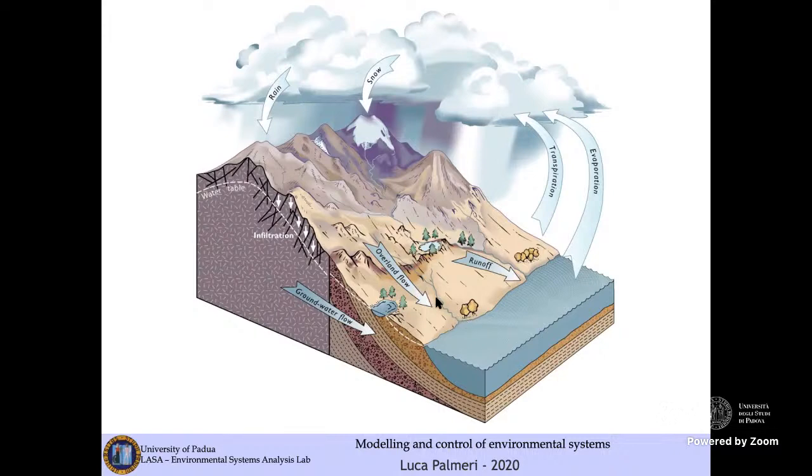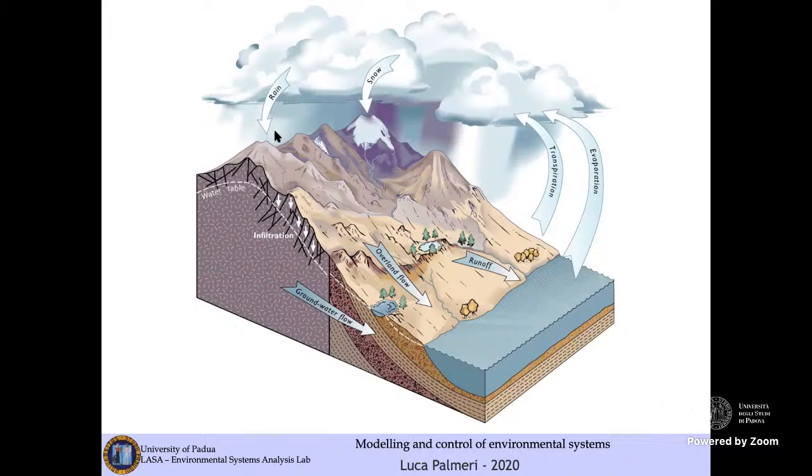From the water bodies on the surface of the planet, so from rivers, oceans, and lakes, water is transferred back to the atmosphere through processes like evaporation and transpiration.